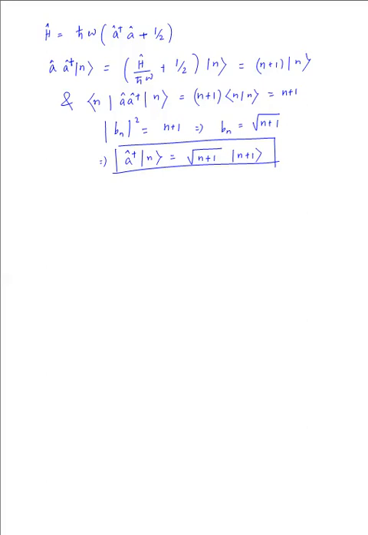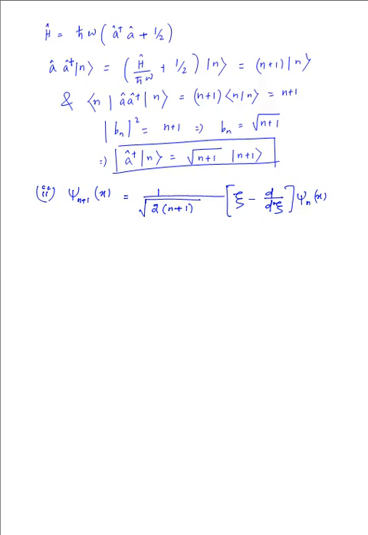Now as far as the second bit is concerned, that is the relation that we had to use, that is psi n plus 1 of x equals 1 over 2 times n plus 1 under root, times xi minus d over d xi, psi n of x. Now we had to use this to find psi 3.